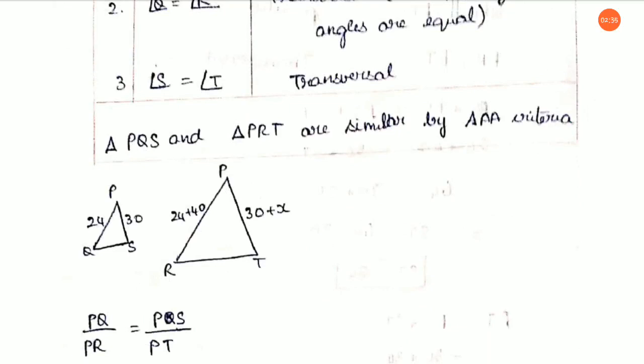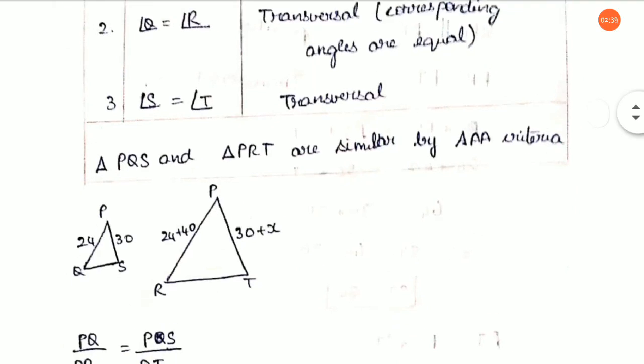Now we are going to divide the corresponding sides. PQ divided by PR, and in the same way PS divided by PT, and you are going to substitute the values. Shall we do it?